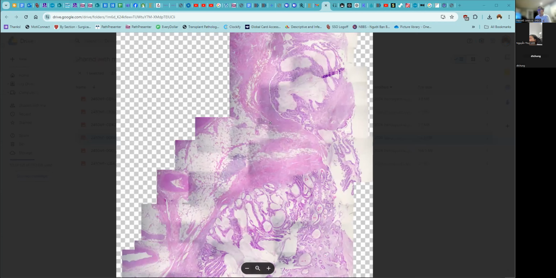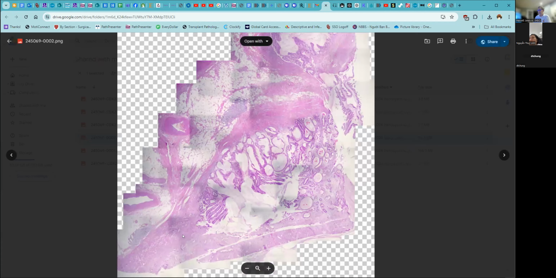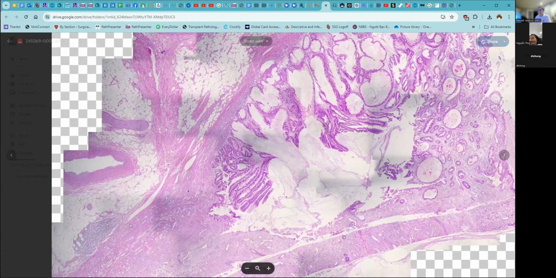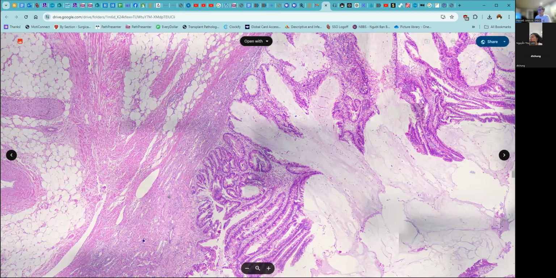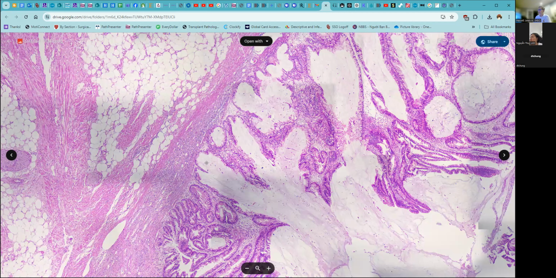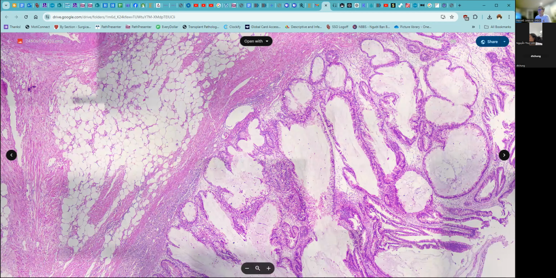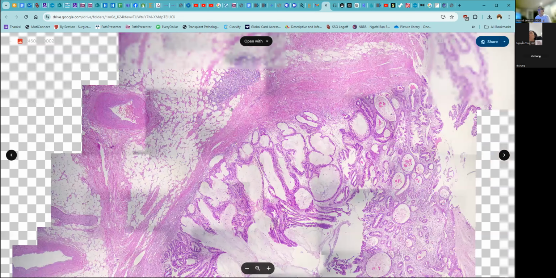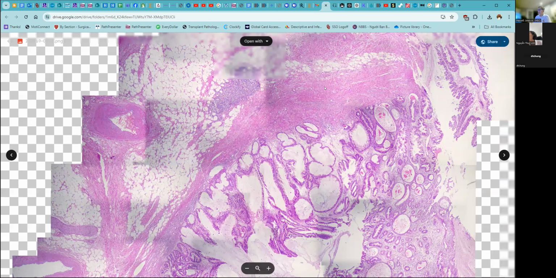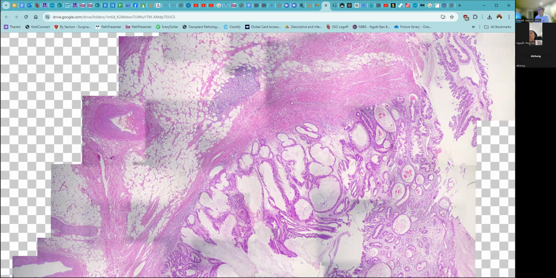And so here we see this mass, and it looks as though we have some kidney parenchyma here, tubules there, and then a little bit of smooth muscle forming a boundary here that probably represents the renal pelvis and beginnings of the ureter, I suppose.